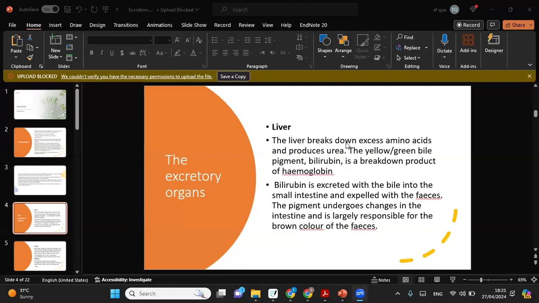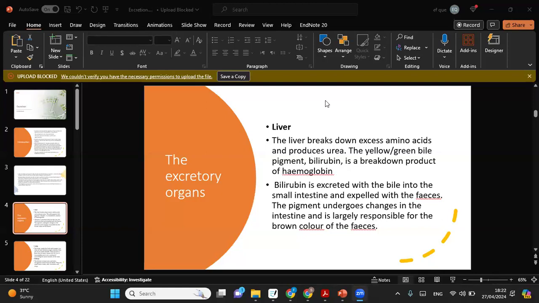And not only that, the liver is also responsible for breaking down hemoglobin, by the way. In the circulatory system, red blood cells do not have a nucleus, right? Why?